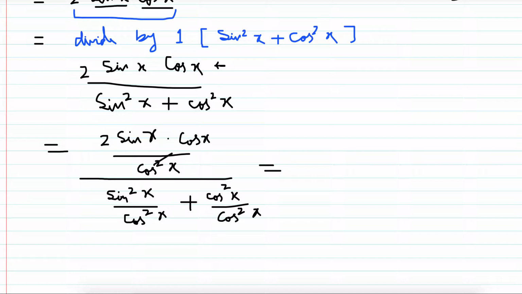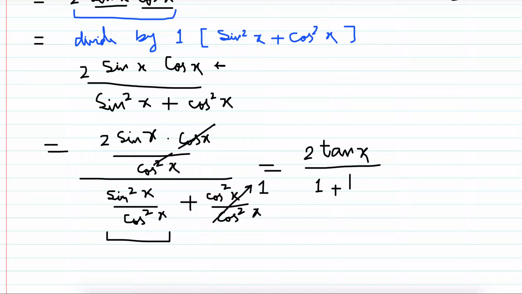One cos gets cancelled with cos and one sin x divided by cos x remains. So we can write 2 tan x instead of 2 sin x by cos x. And in the denominator this is tan square x and this term is 1. So 1 plus tan square x. And this is our second formula.